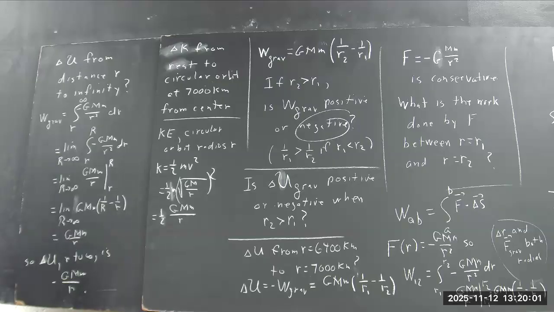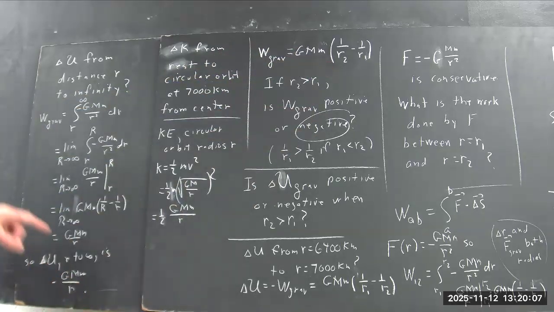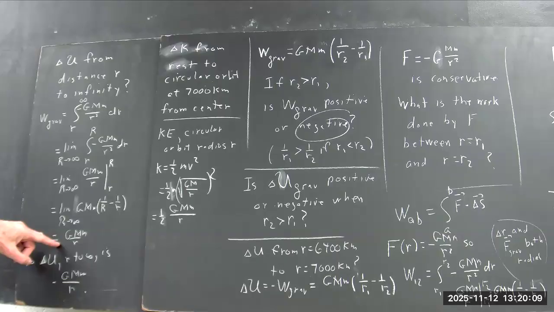That's really easy, but that's the way you write it out a little more formally. I'm starting again with the work done by the conservative force, which is the work done by gravity. Delta U is equal and opposite to the work done by gravity.